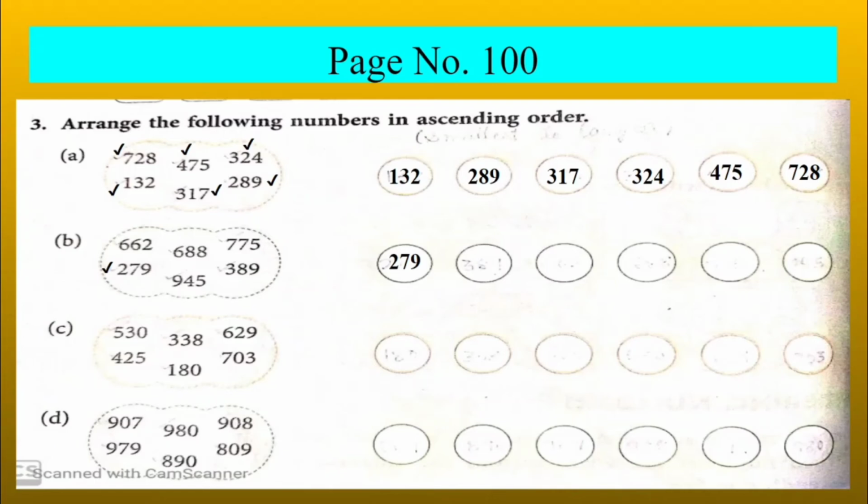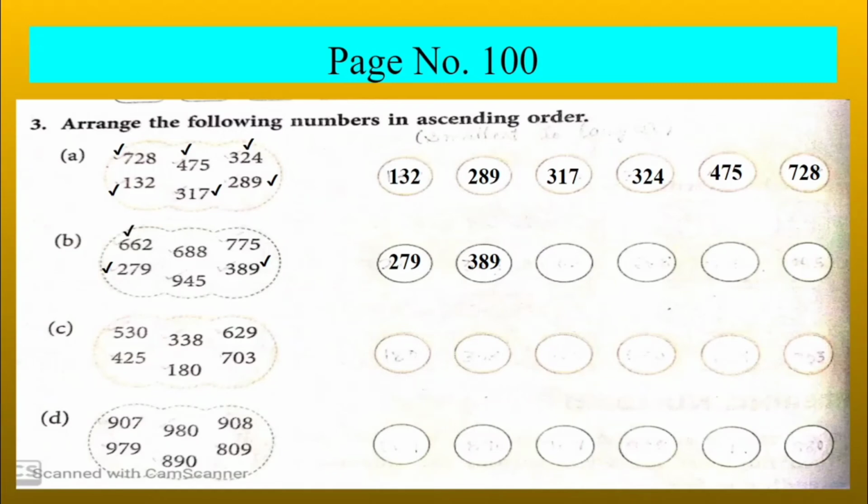Now we are left with 5 numbers. So which among the 5 numbers is the smallest number? 389. So we will write 389 after 279. So here we are left with 4 numbers. Now which among the 4 is the smallest number?